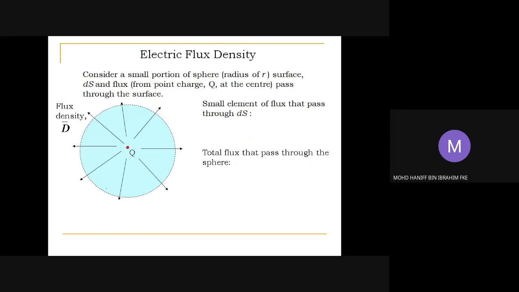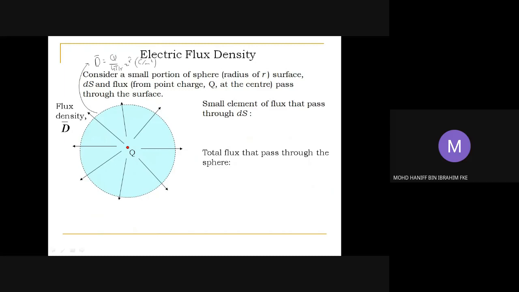We have a small portion of a sphere of radius r, given in this diagram. We have a charge q located at the center of the sphere, and from our previous slide, there should be a flux density D that can be measured on this surface, where D shall be equal to q over 4 pi r squared, in the direction of r, coulombs per meter squared.